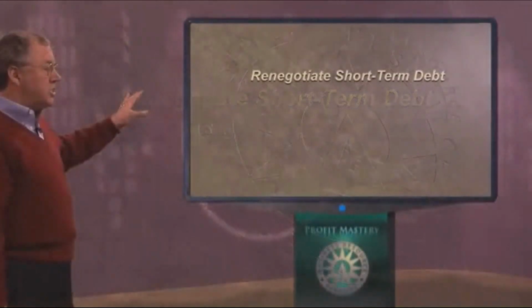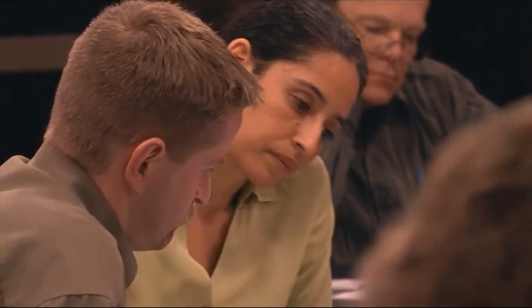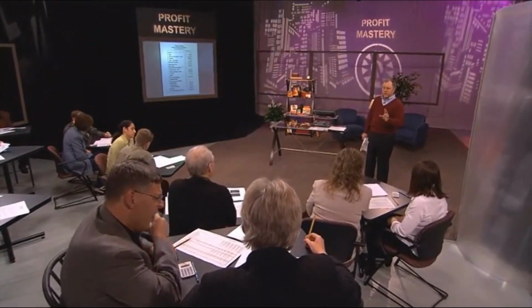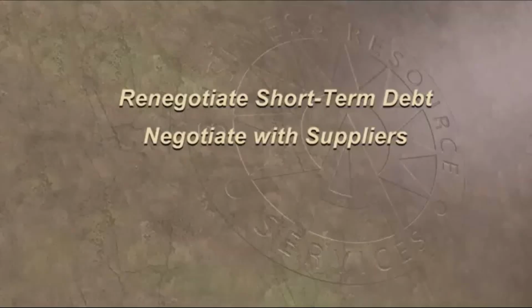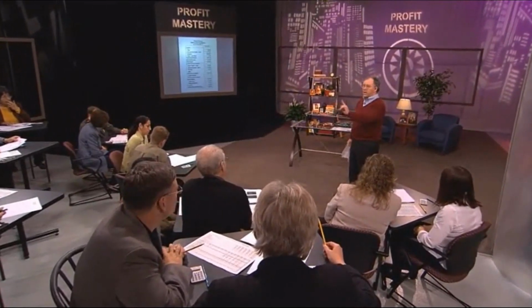Long-term. That $165,000, he wants to make it long-term. And secondly, he's contacting his suppliers, and what's he saying? I think he's saying something that would sound like, help, I need help. Give me some slack here, and don't worry, I've got a plan. I promise to pay you.